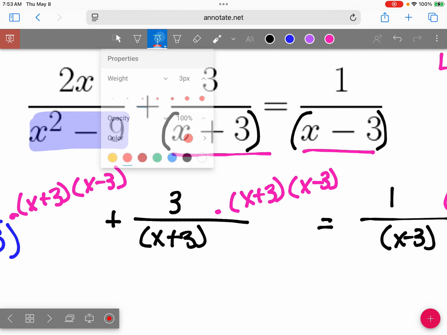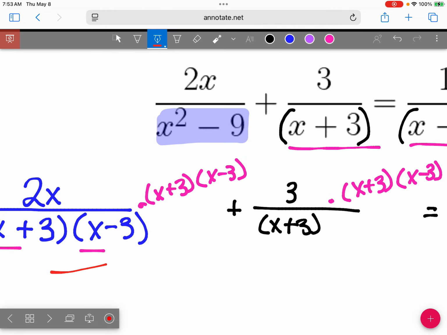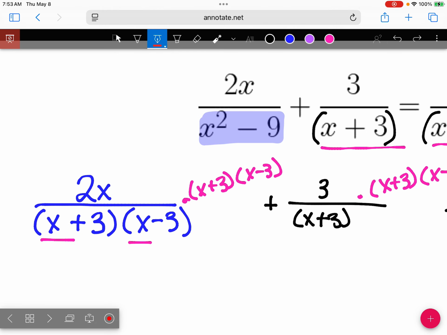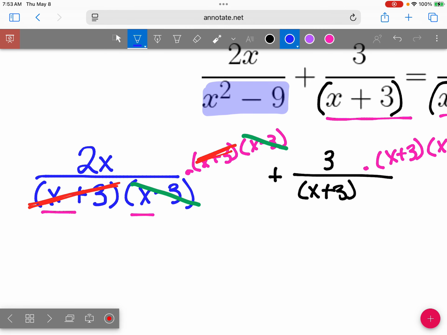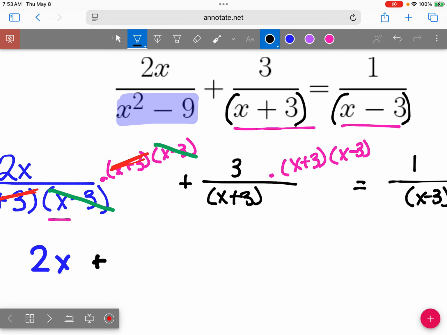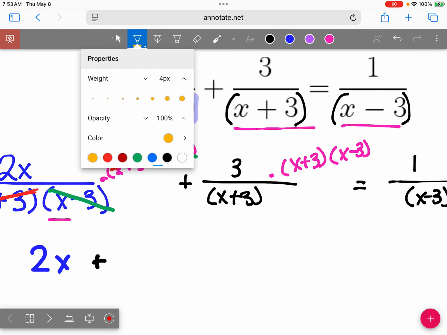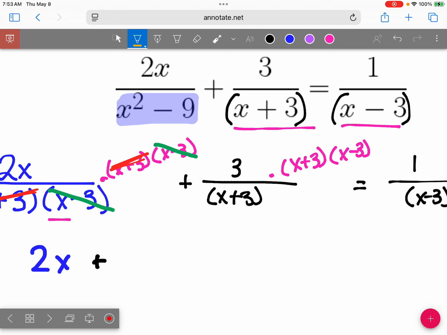Then we get to come through and simplify pieces out. We have on this very left-hand side my x plus 3 canceling out with my x plus 3. And we have our x minus 3 canceling with our x minus 3. So this piece turns into just a 2x. On our next piece, the 3 over x plus 3 piece, my x plus 3's cancel out.